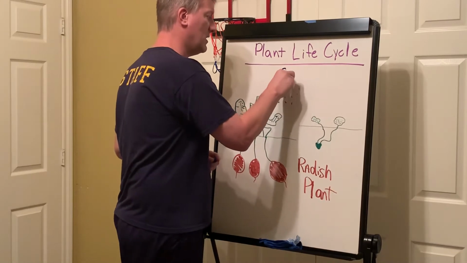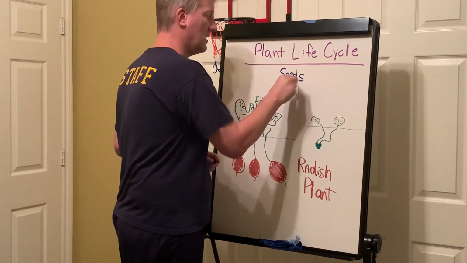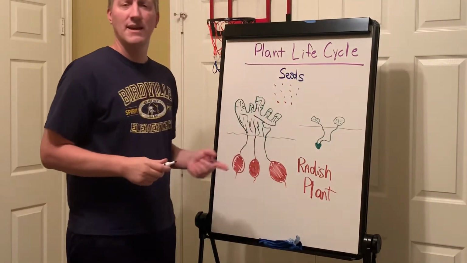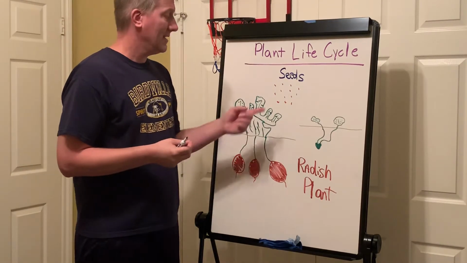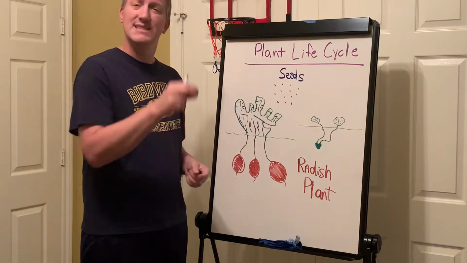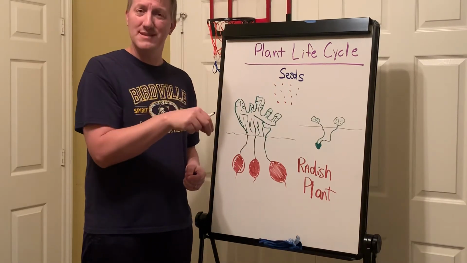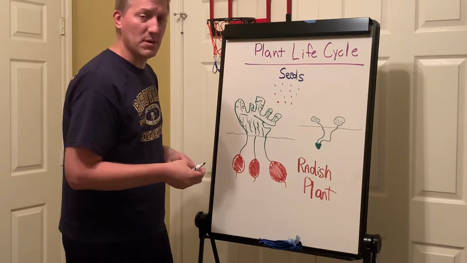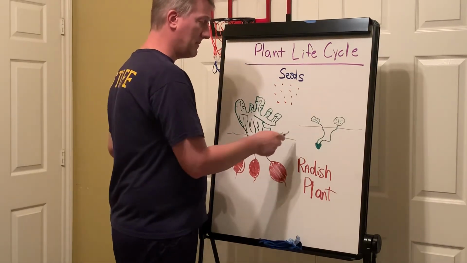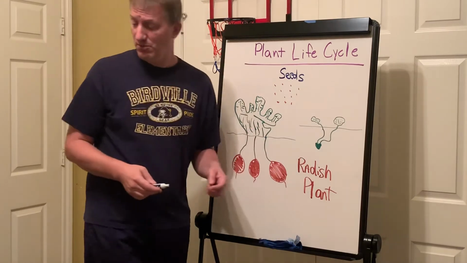So the first part is that every plant starts out as some type of a seed. And if you plant those seeds, as we planted our lima bean seeds, they will hopefully grow like most of yours did.